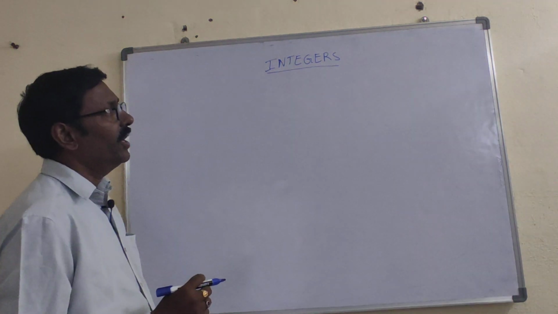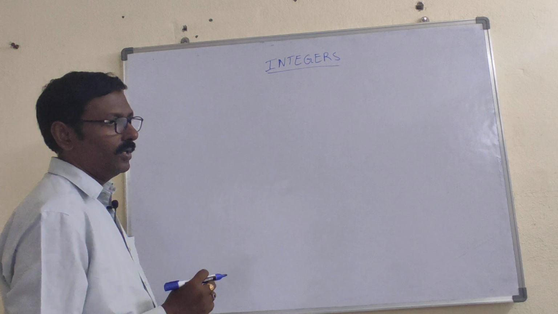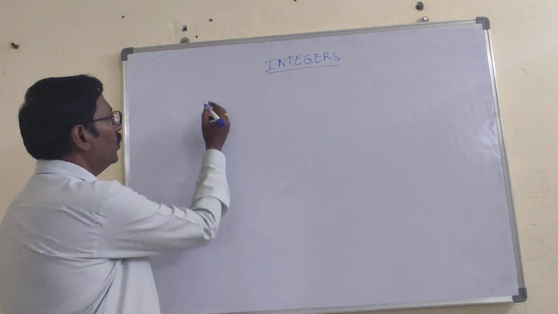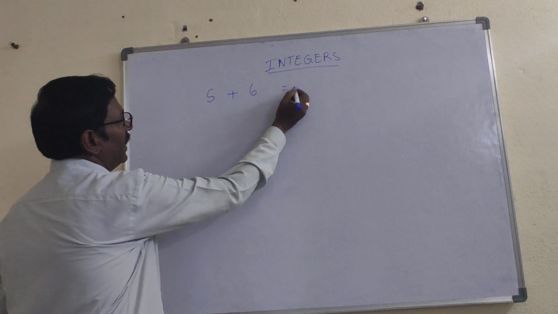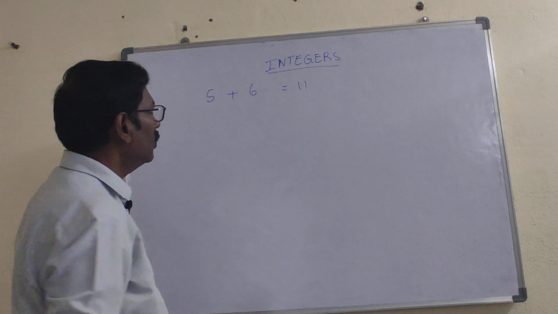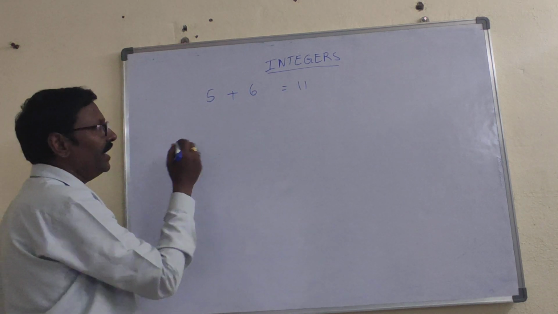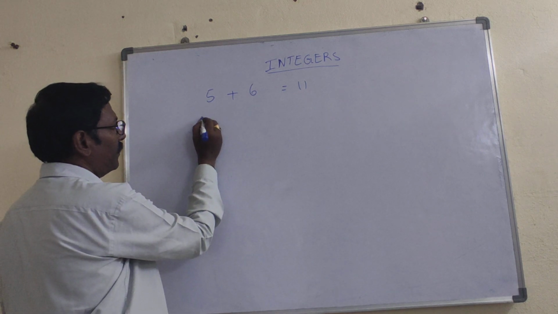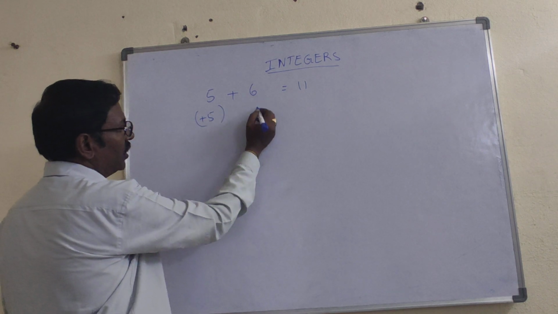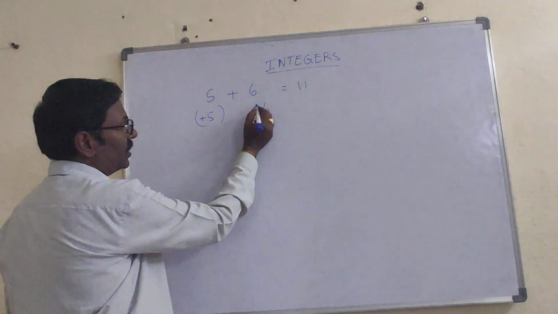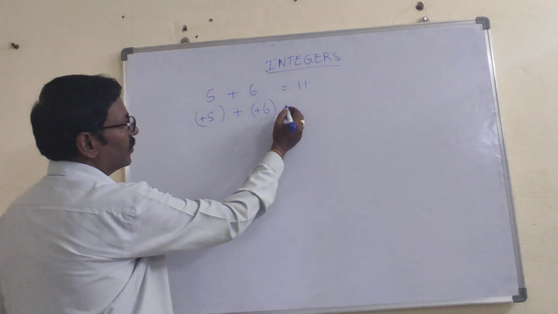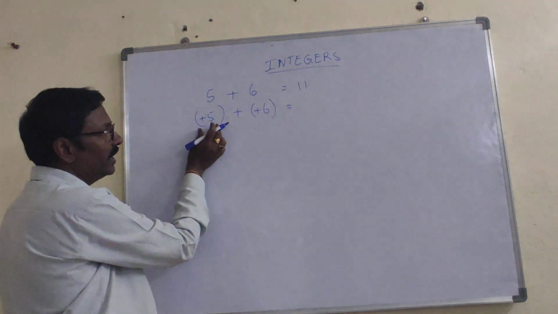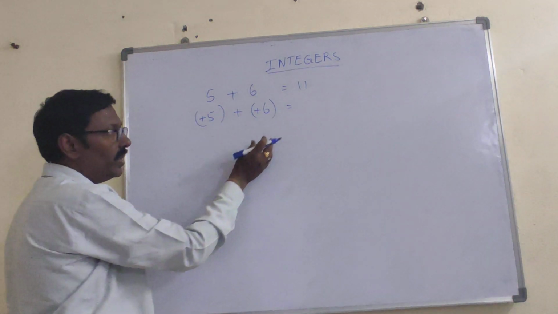In addition of integers, if you want to add two integers, we already know 5 plus 6 can be written as 11. This can also be written in integers: 5 can be represented as plus 5 and 6 as plus 6, with a plus sign in between. We only have to add the absolute values.